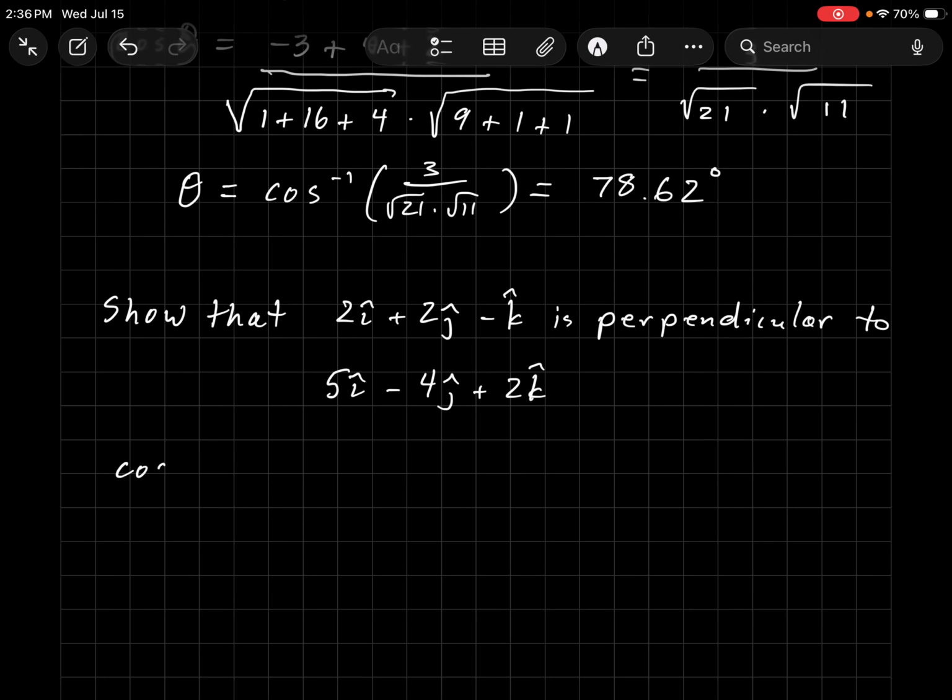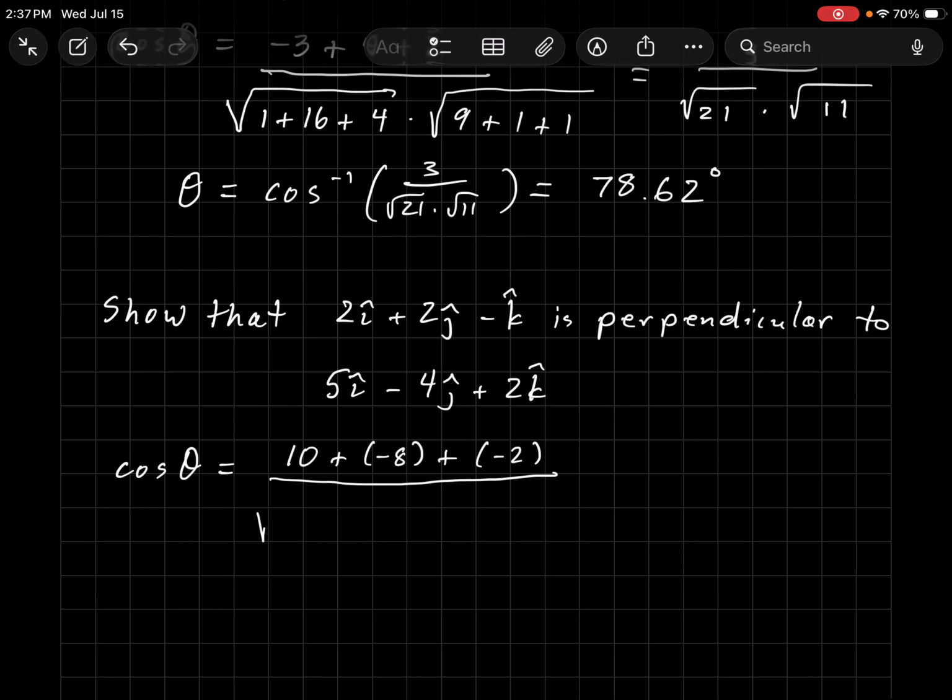So the cosine of theta is the dot product of the two vectors over their magnitudes. So the dot product will be 2 times 5 plus 2 times negative 4 plus negative 1 times 2, all over their magnitudes.